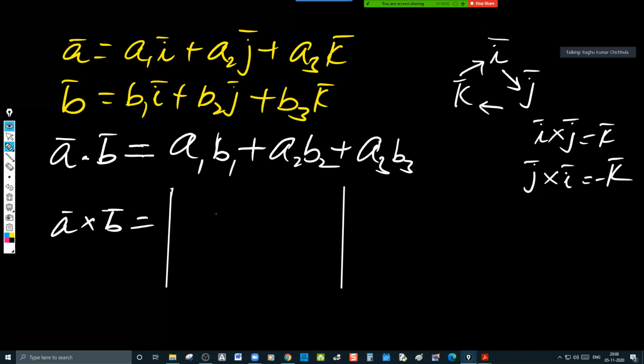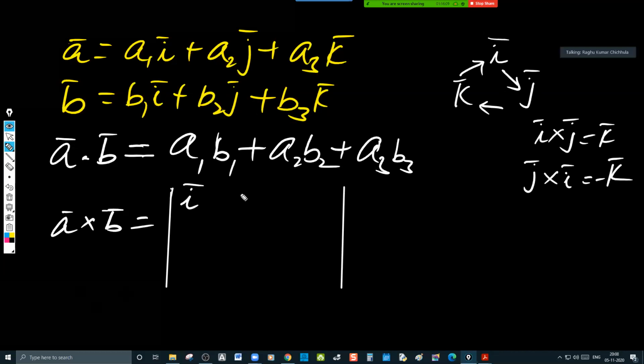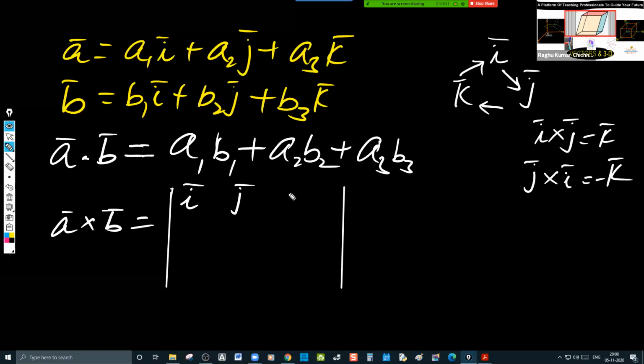Like that, we collect all of them, and finally what the mathematician understood is that the cross product is nothing but the determinant. Determinant of what? IJK, A1, A2, A3, B1, B2, B3.